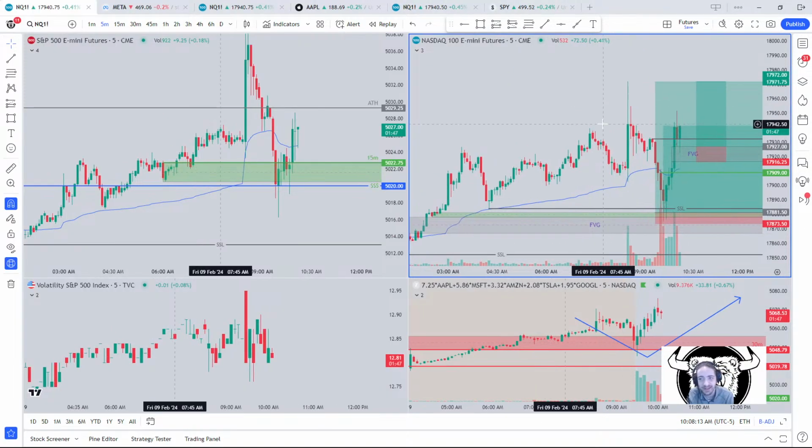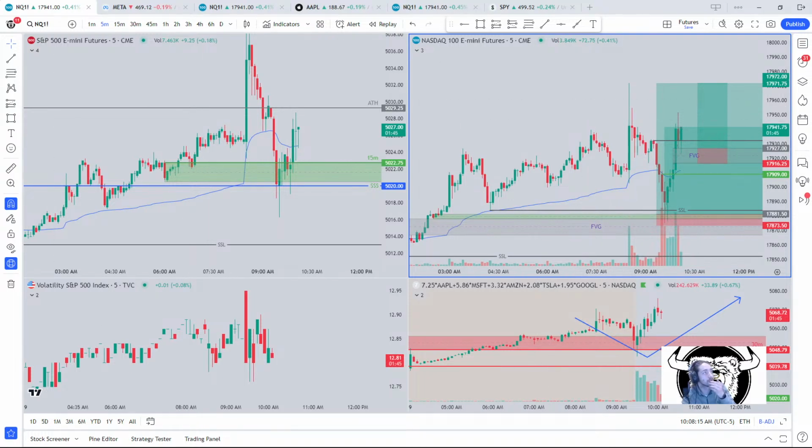I'm loving these fair value gaps along with supply and demand, guys. I'm not gonna say too easy, but it simplifies it. It makes it a lot simpler and gives you good areas to find. Really need these buyers to continue here.